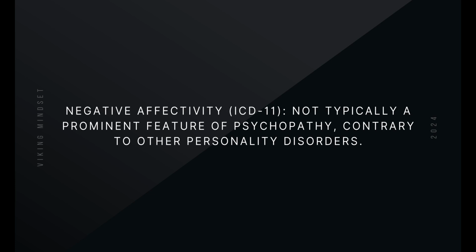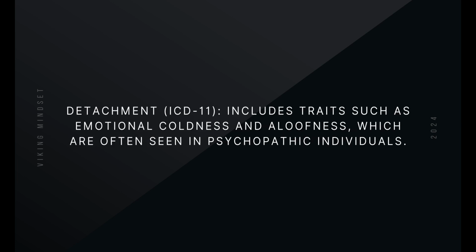And then we have the negative affectivity domain, not typically a prominent feature of psychopathy, contrary to other personality disorders. And then you have detachment, and this includes traits such as emotional coldness and aloofness, which are often seen in psychopathic individuals.